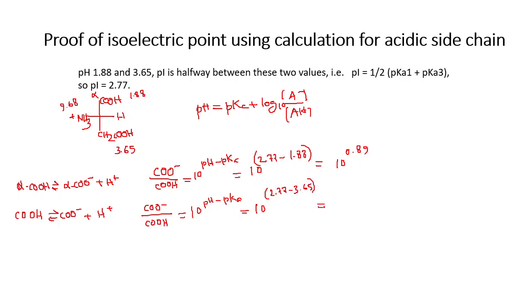Let me calculate that. 2.77 minus 3.65 gives 10 to the power minus 0.88.